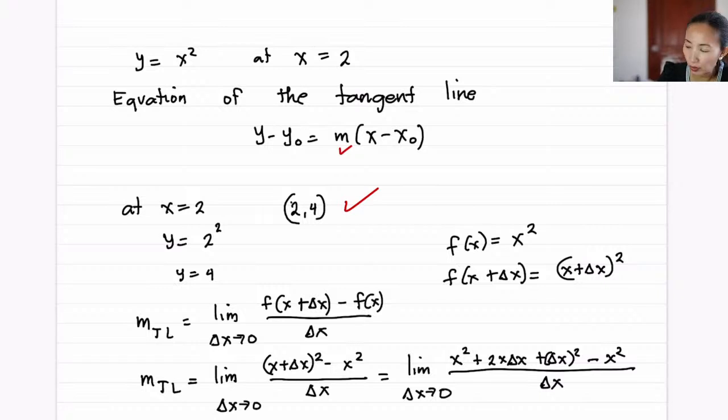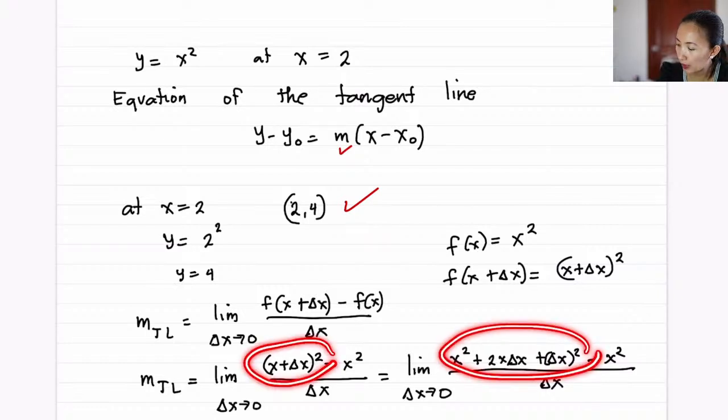I hope you can follow. From where did we get this? This is after expanding this binomial. By binomial expansion, it will give this.